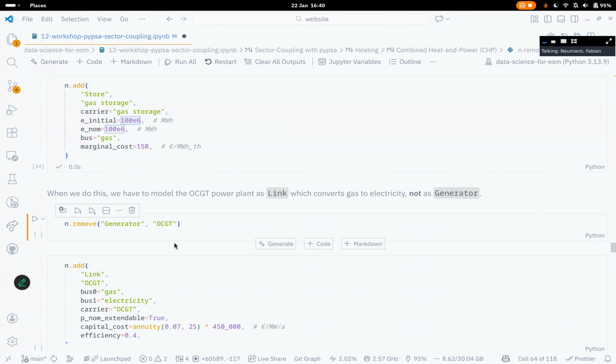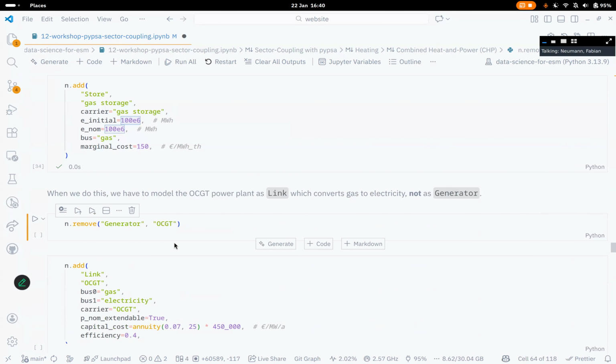And now we have to model the gas power plant a little bit differently, in that rather than the generator putting electricity into the model at some marginal cost that includes the gas cost, we actually have the gas carrier resolved explicitly. So that means that we also should model an open cycle gas turbine as a link and not as a generator, a link that connects two buses with one another. So you'd add now a link that connects gas to electricity with a carrier OCGT, some capital cost, some efficiency, and that's it, basically.